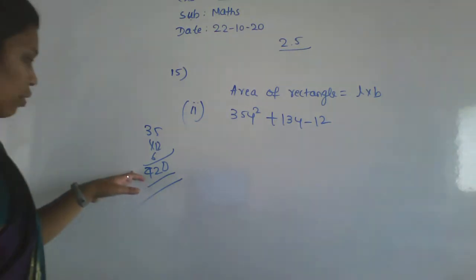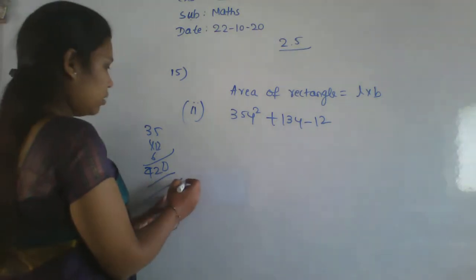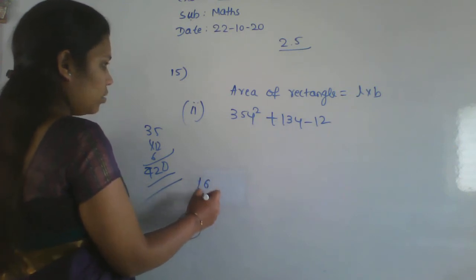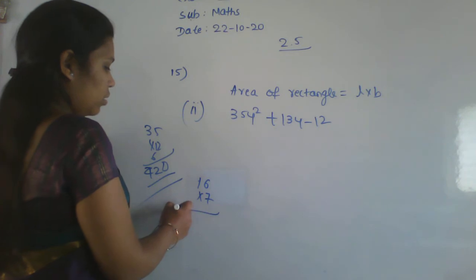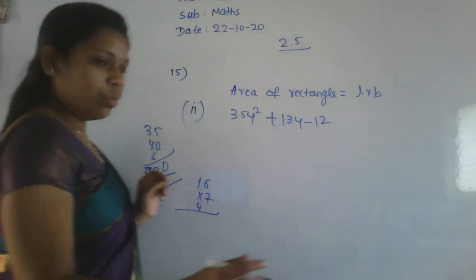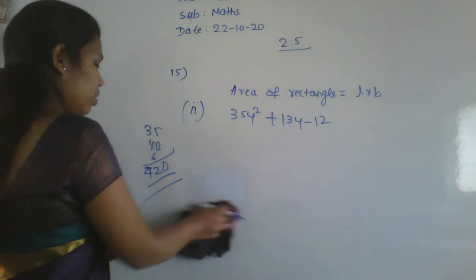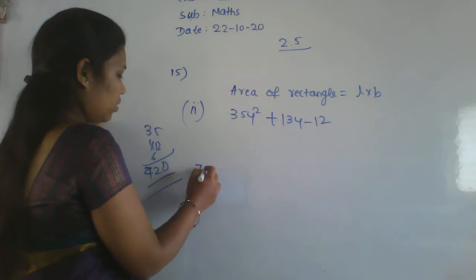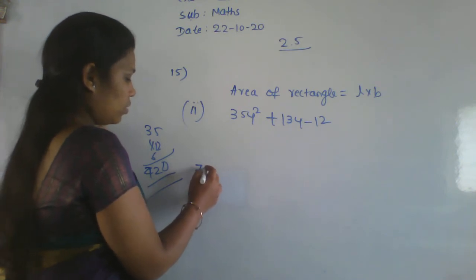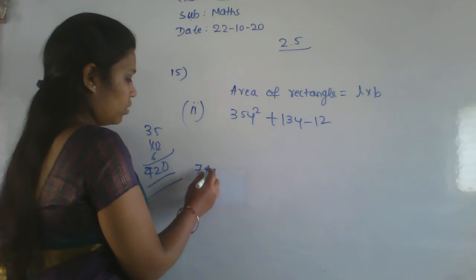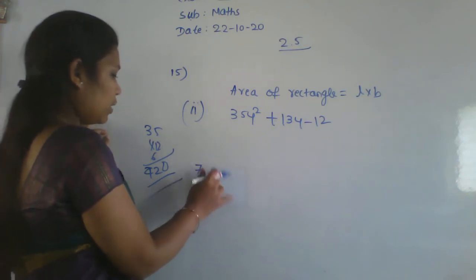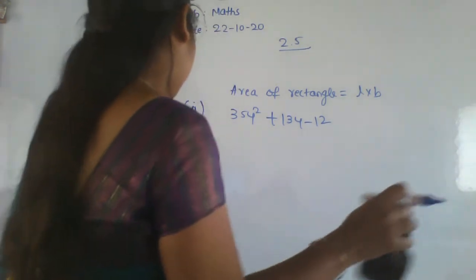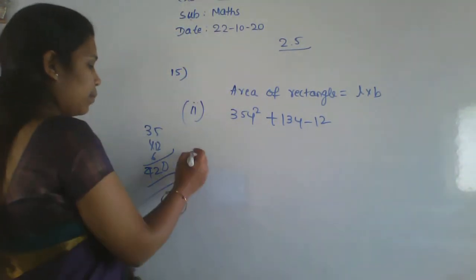What are the factors for 420? 6 7s are 42, but we want a 420, and if we subtract, we don't get that answer. Leave that one. So next one is 13.